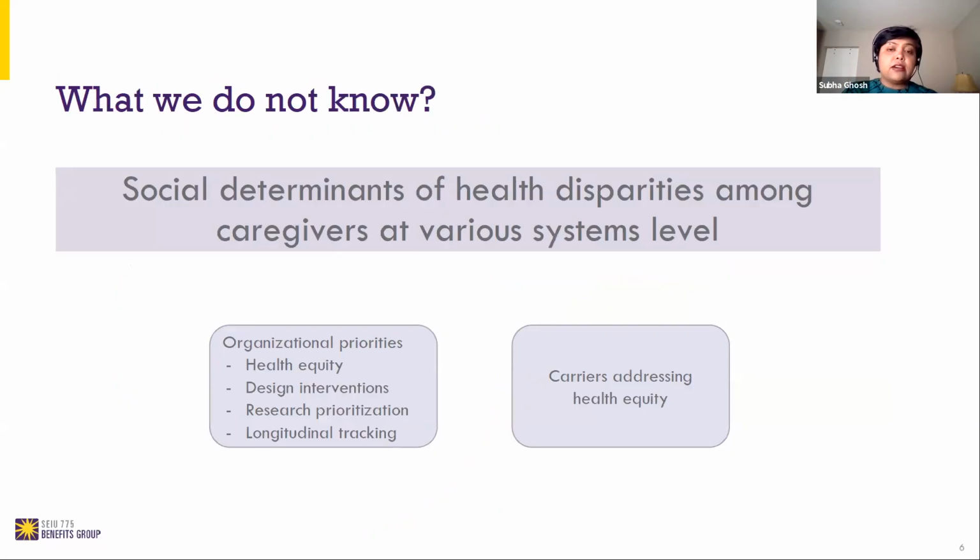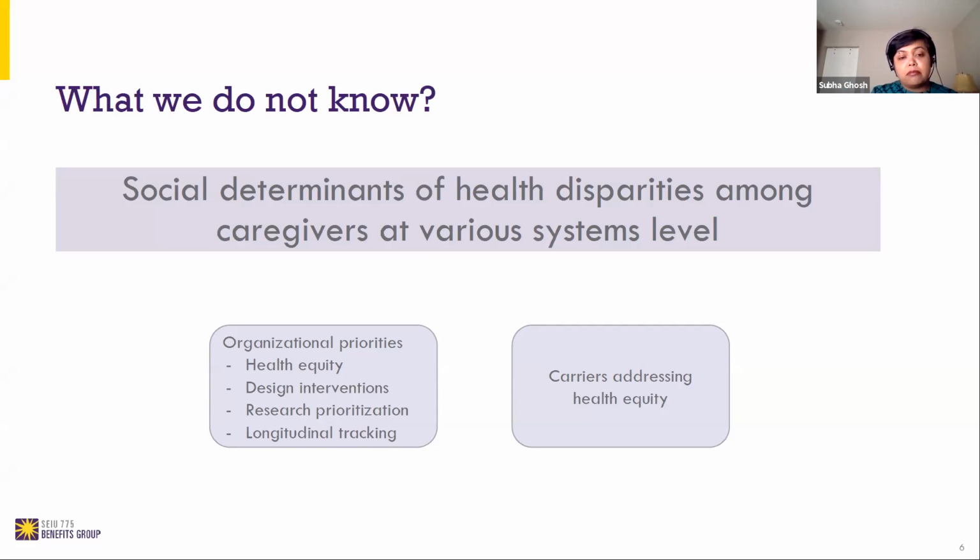As I said, the organization knows that disparities exist in general, that caregivers have poor health, and that socioeconomic disparities also exist. What they do not know is how the social determinants of health disparities among the caregivers work at various levels. So the task was done to influence both the organization, which is a benefits group, and also the health carriers, Kaiser and Aetna, who are the primary health carriers.